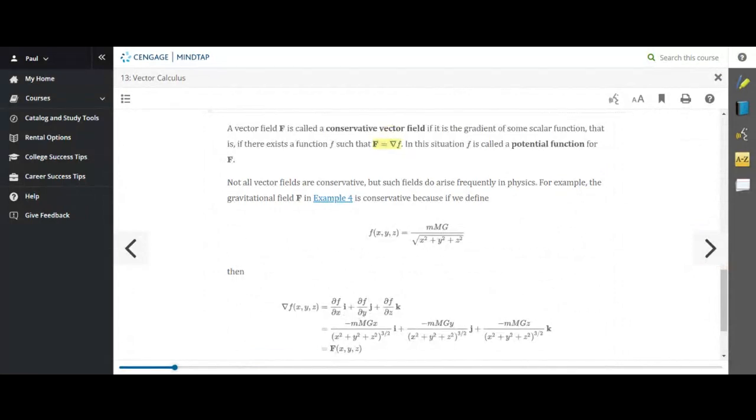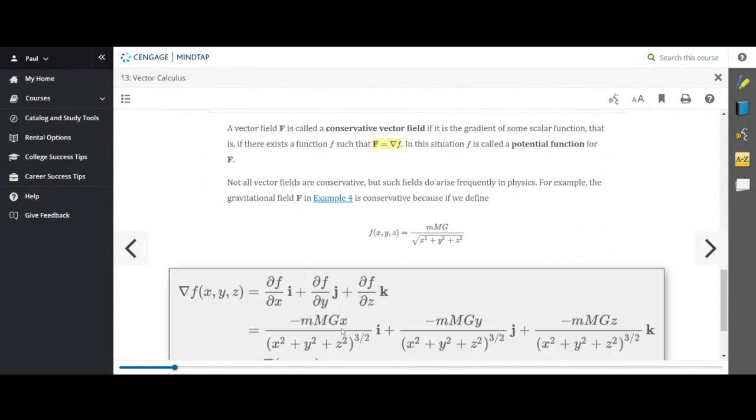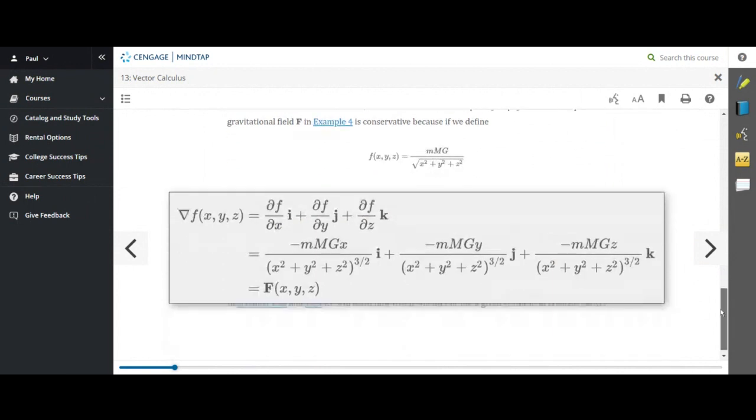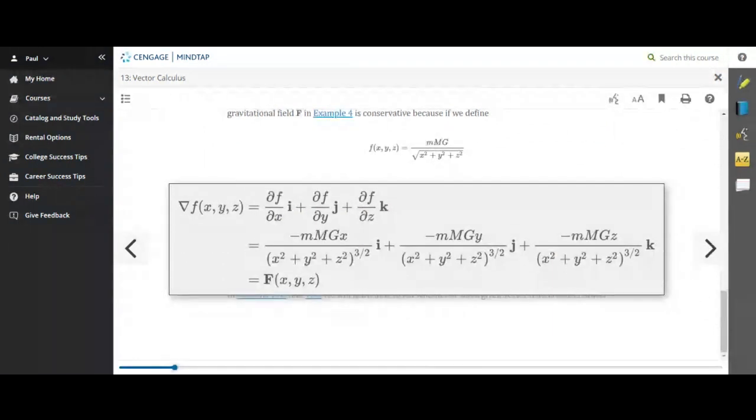So the gravitational vector field, if you write out its components like they show here: the first component is negative little m times big M times the gravitational constant G times x, divided by x squared plus y squared plus z squared to the 3/2 power.